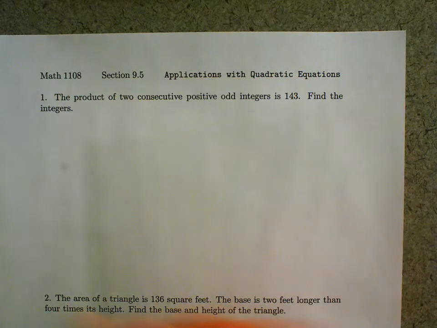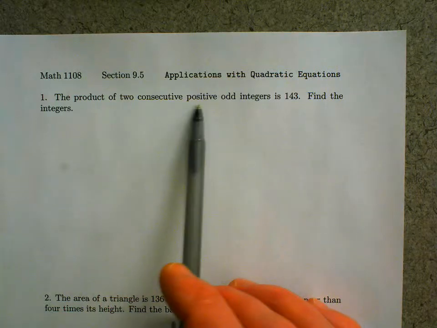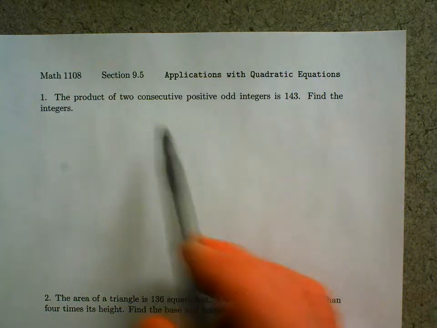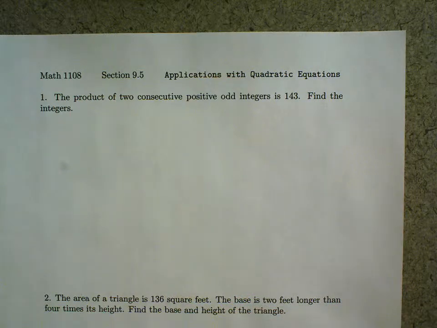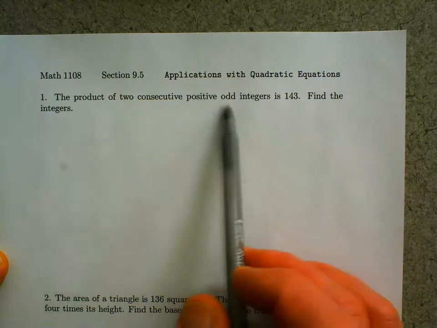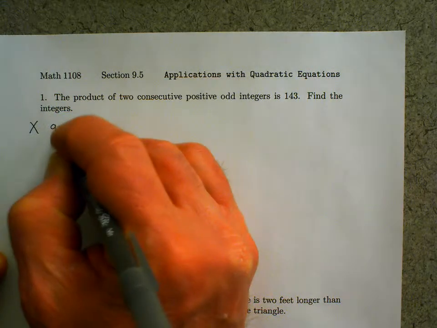So find the integers. The integers are 2 consecutive positive odd integers. One pair of consecutive odd integers differs by 2. For example, 3 and 5 are consecutive odd integers, and 3 is 2 less than 5. So in general, if we have 2 consecutive odd integers, we can represent them by x and x plus 2.